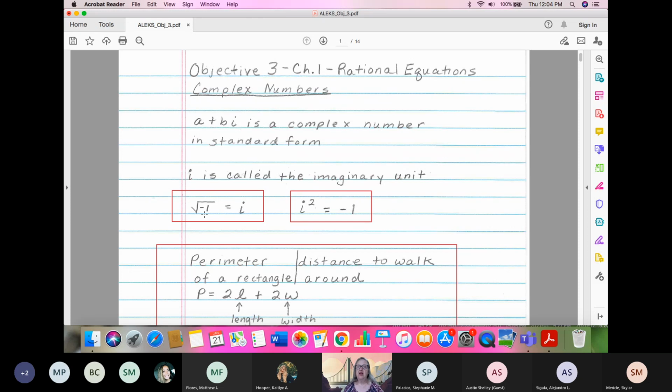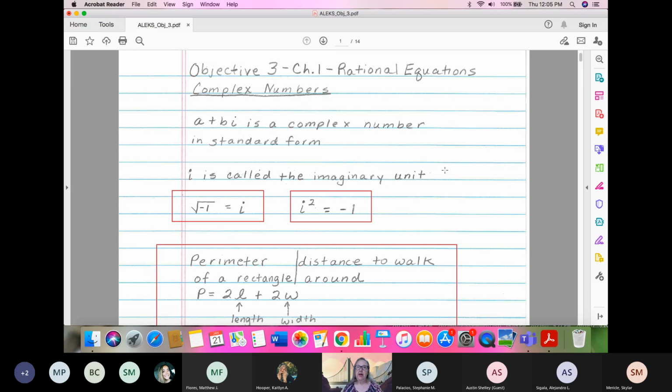So they discovered that they needed something to stand for the square root of -1. And they decided that they were going to use i. i is called the imaginary unit. i is not a number, it's just called the imaginary unit.